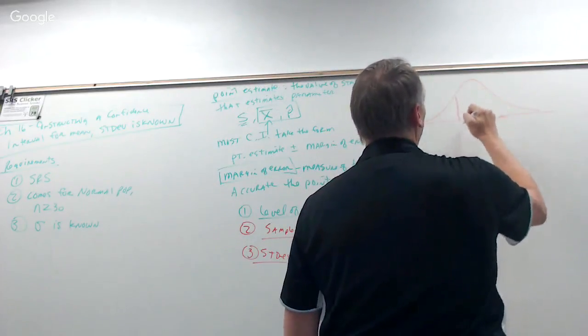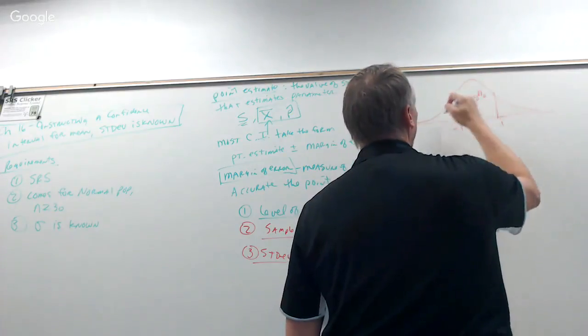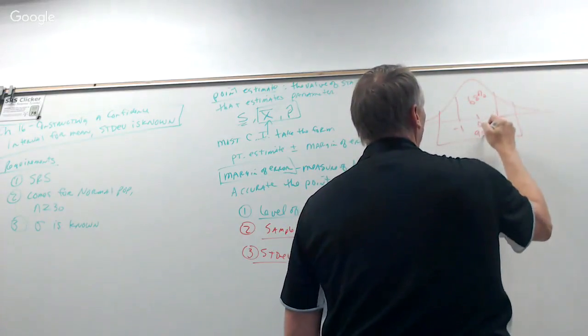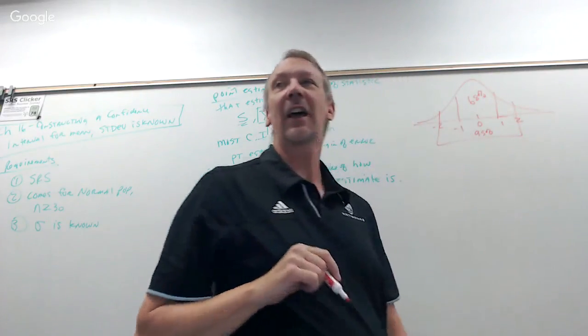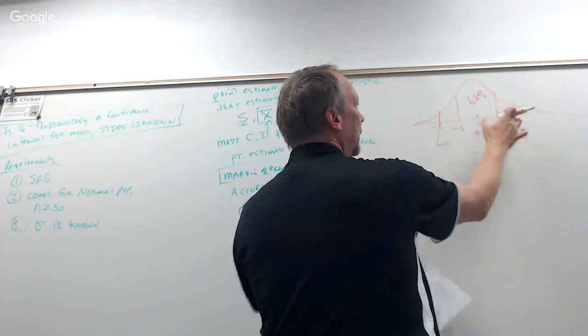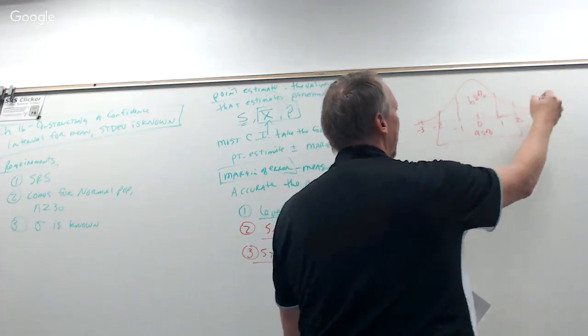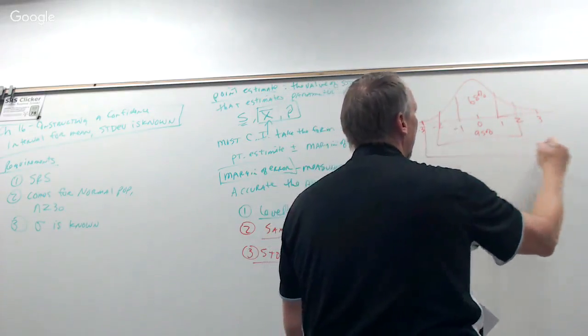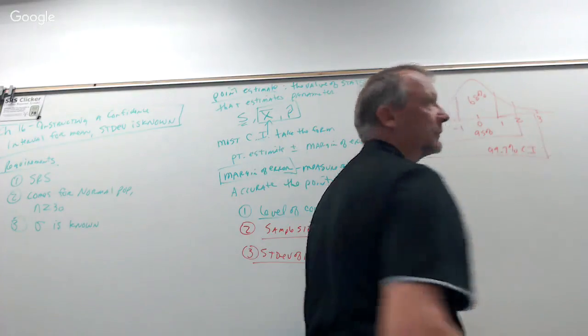Yes, if I go out 1 standard deviation, negative 1 to 1, you get 68%. 95% within -2 to +2. So you could think of this as a 68% confidence interval. You could think of this as a 95% confidence interval. And if you went from -3 to +3, that's a 99.7% confidence interval. Okay?